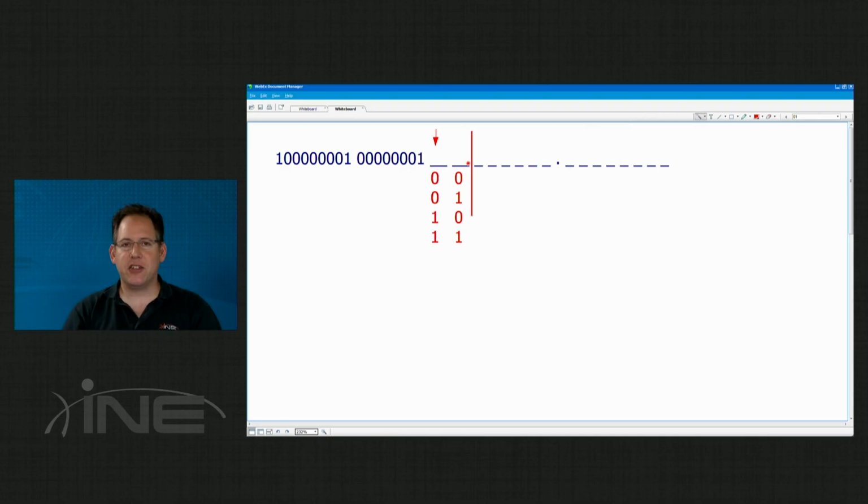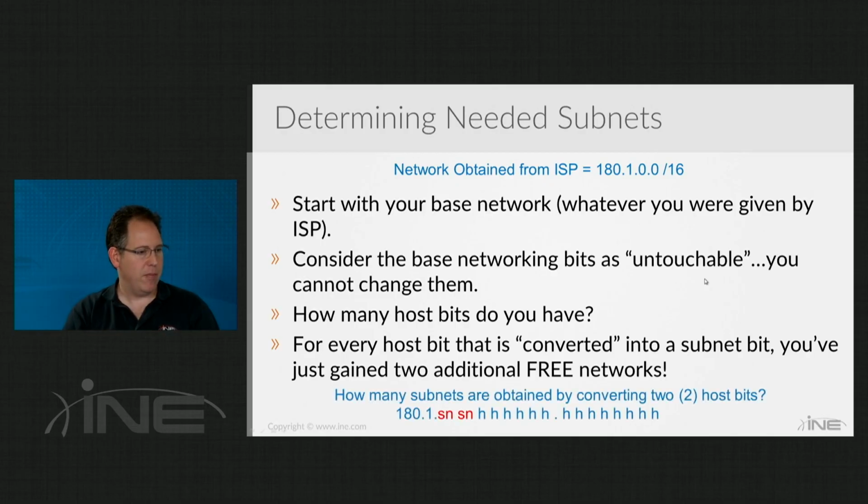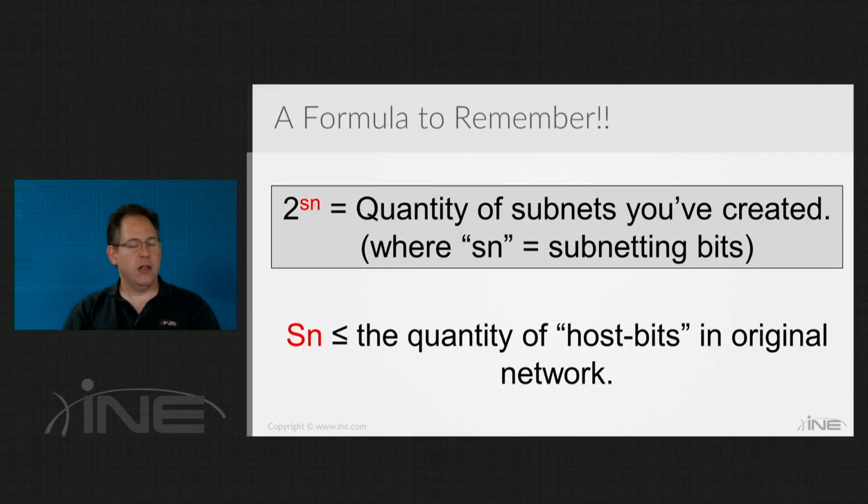So with 2 bits, I've now given myself 4 combinations. What you're going to see is that this boils down to a nice formula: 2 to the power of n, where n is the number of subnetting bits, gives you your quantity of subnets.